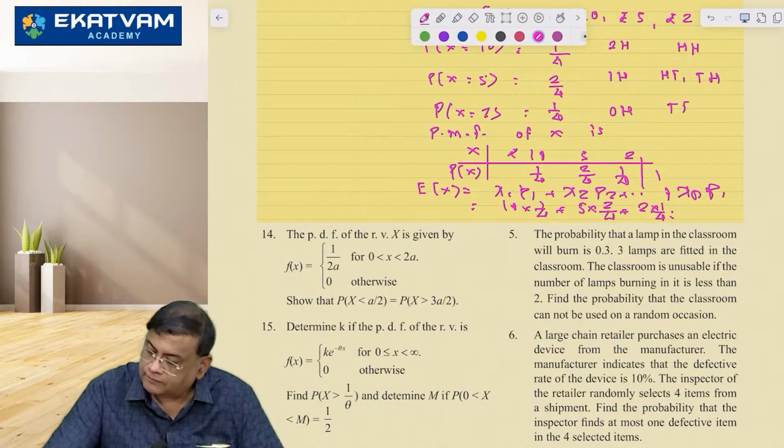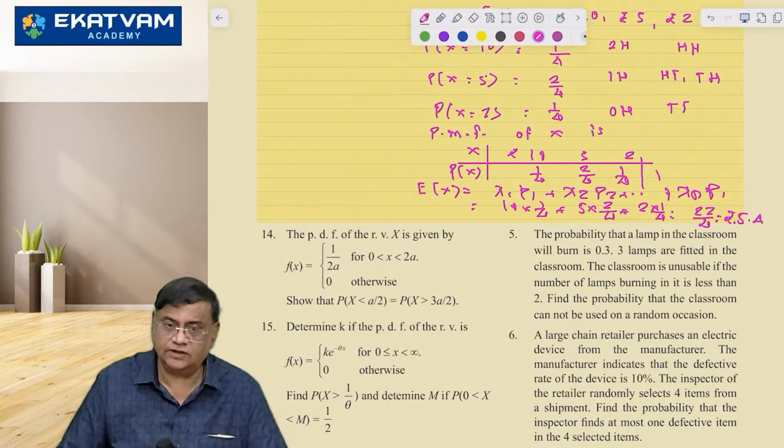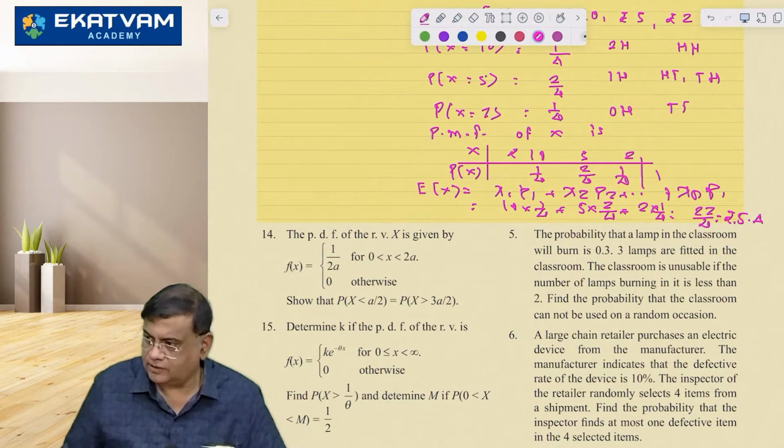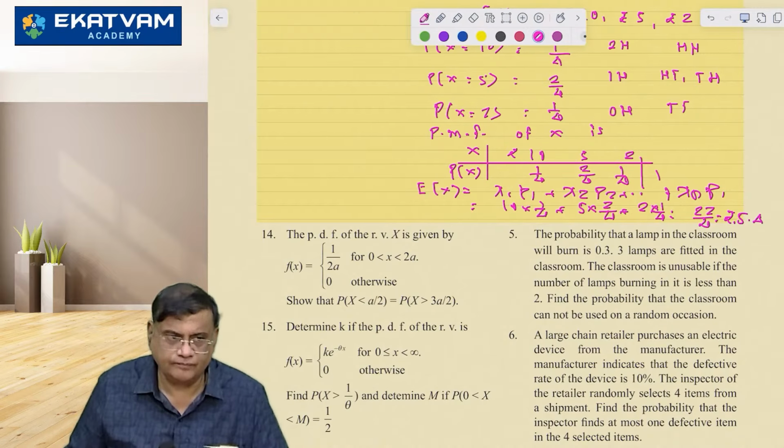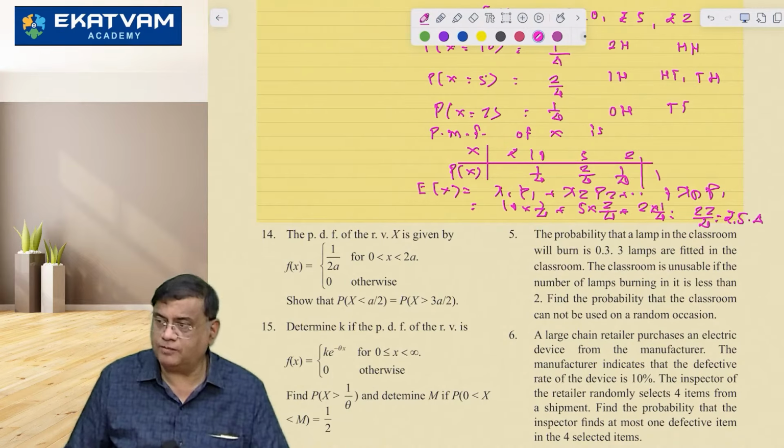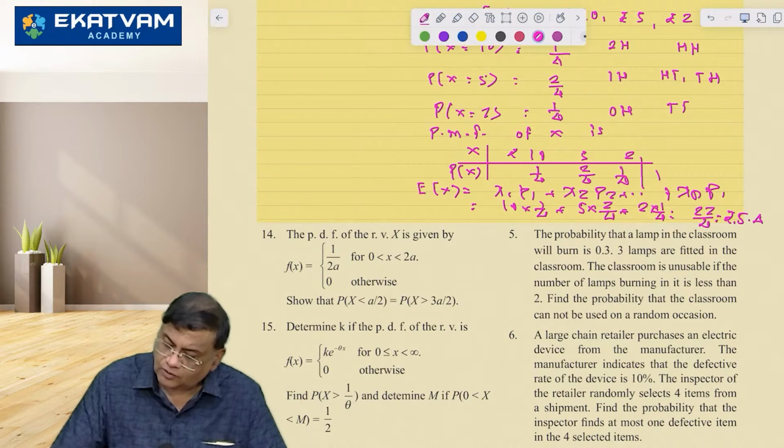What will it be? 22/4, which is rupees. Now rupees what? 5.5. 5.5 is the average gain. Expectation means average. So कभी 10 रुपए मिलेगा, कभी 5 रुपए मिलेगा, but on an average you get 5.5.